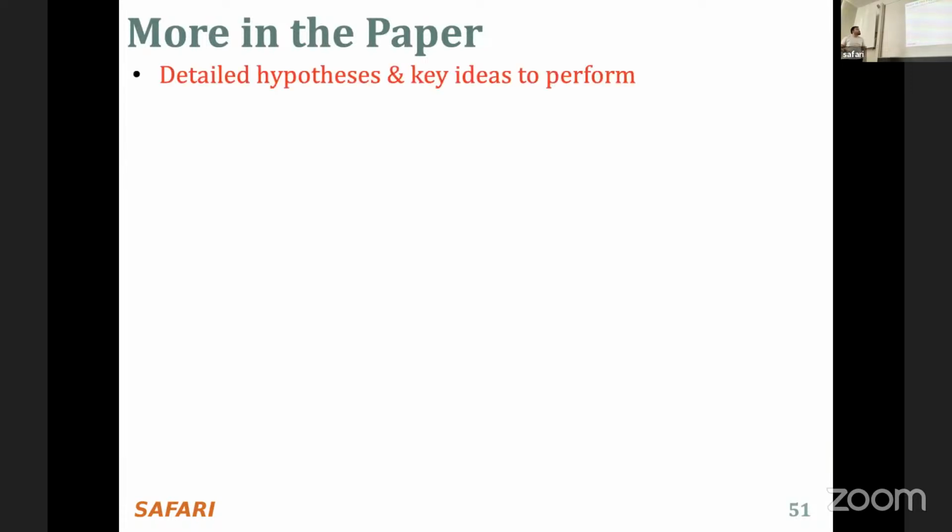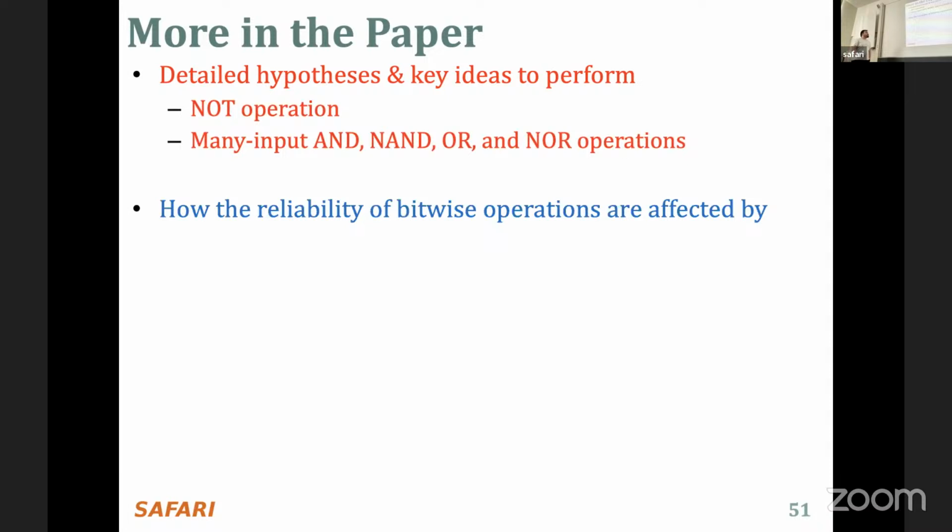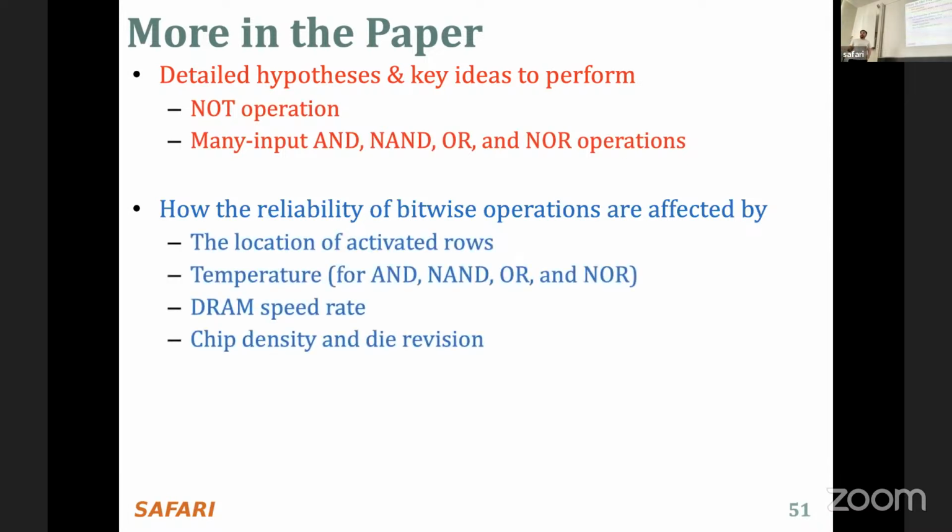First, the detailed hypotheses and the key ideas to perform NOT and many-input AND, OR, and NOR operations. How the reliability of these bitwise operations is affected by the location of activated rows, the spatial variation, the temperature for AND, OR, and NOR, the DRAM speed rate, and the chip density and revision.